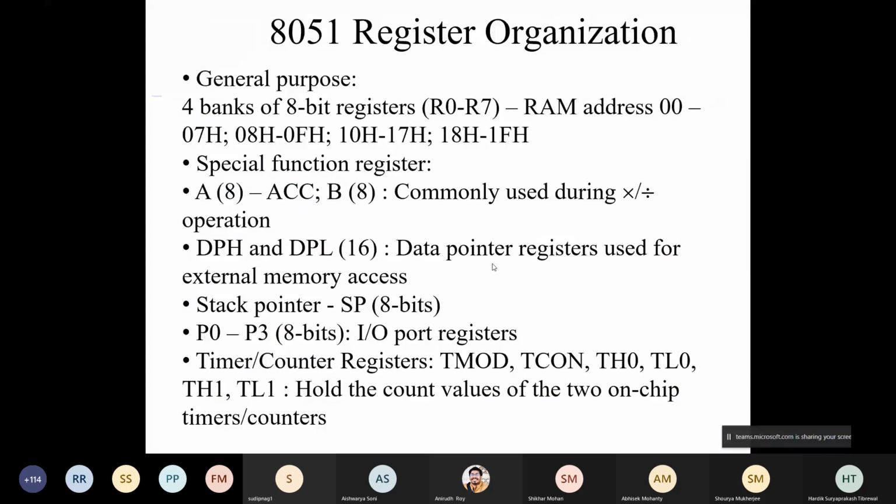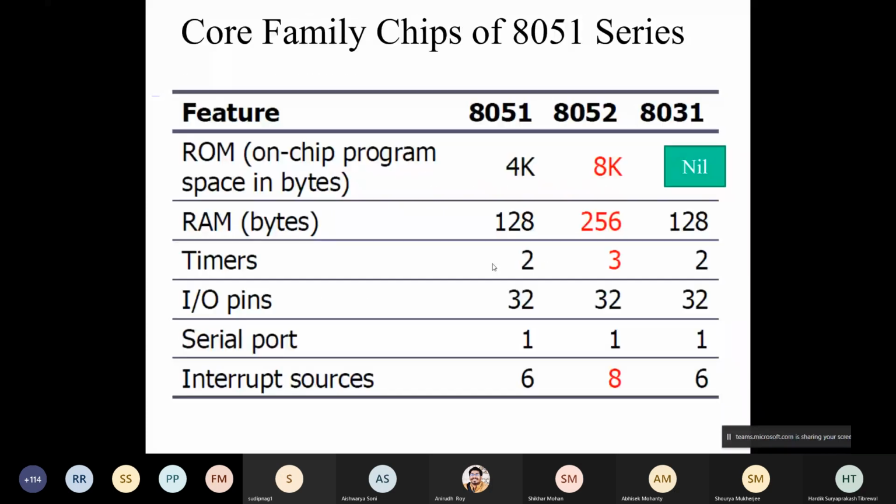The core family of chips in 8051 was originally these 3 chips, available in the early 80s, and that's where I'm coming from. Why are we reviewing such old chips? Because there are certain basic things which were very well explained in those datasheets or documentation. Obviously, modern datasheets are equally good, even better, I'll say.